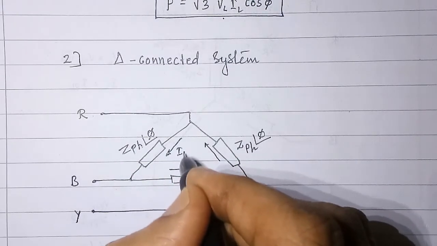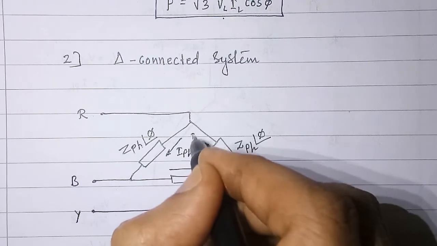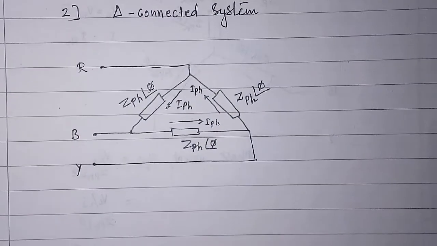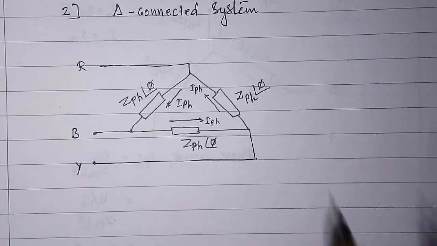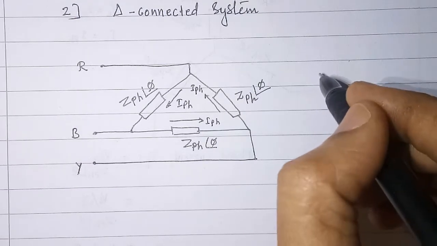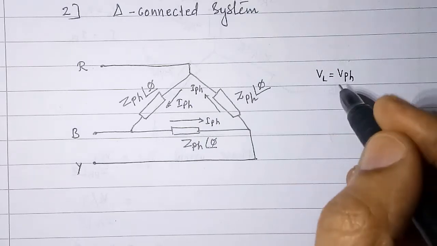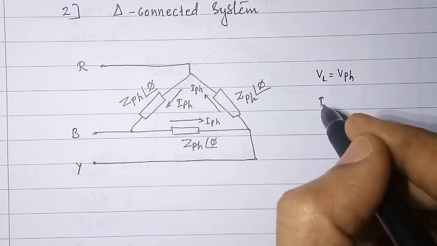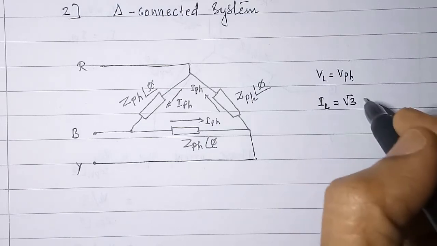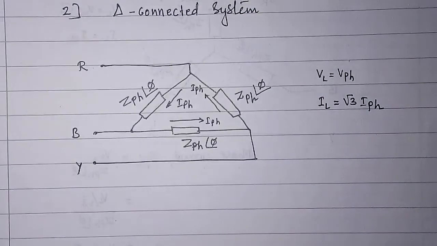See, these are phase currents. In delta connected system, we know that VL is equal to VPH and IL is equal to root 3 times IPH.